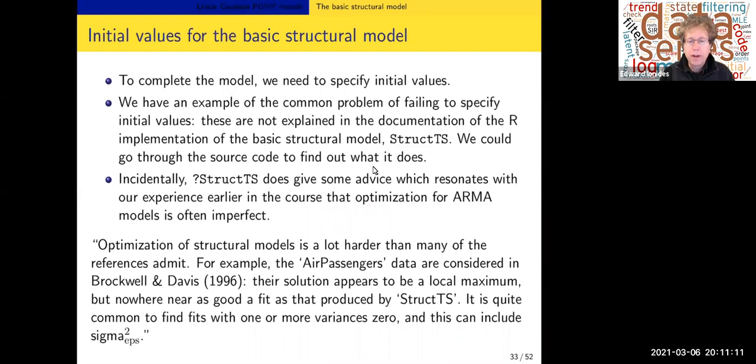For example, in the air passengers data analysis in the seminal textbook of Brockwell and Davis, they found a local maximum, and you can do better if you find a more global maximum. And sometimes these fits have one or more variances 0, and so you can see why that might lead to multimodal densities with maxima on the boundaries, which can be hard to find.